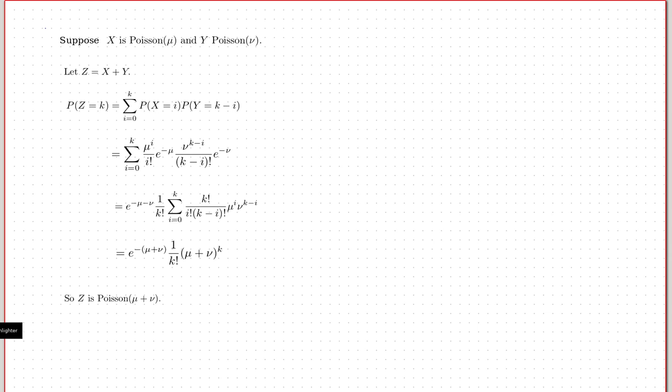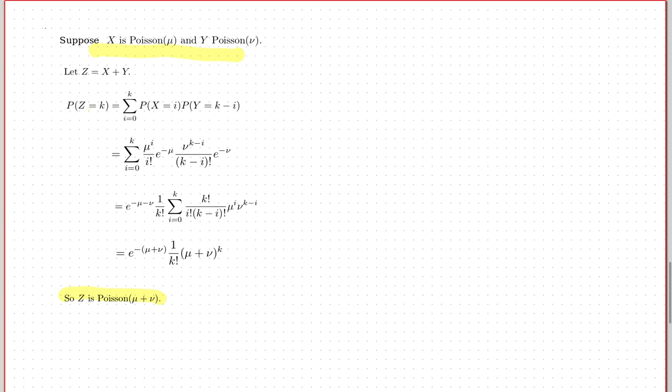So you can check this. I don't think I'll go through the details here. I'll leave it for you if you're interested. I should say that this result is pretty intuitively obvious, that in fact the sum x plus y is a new Poisson random variable with parameter, or with mean, mu plus nu. You can check the algebra pretty easily.